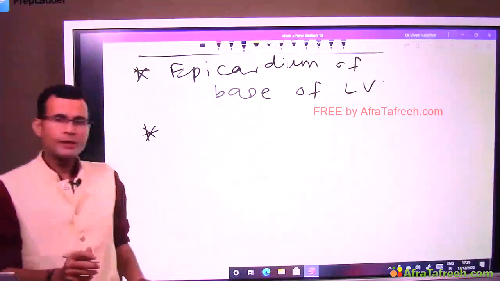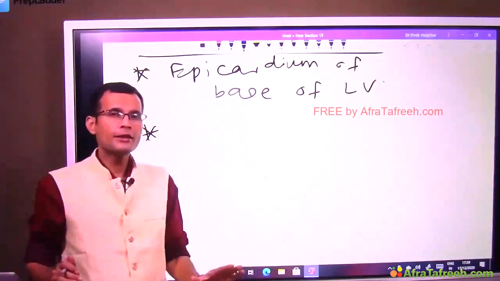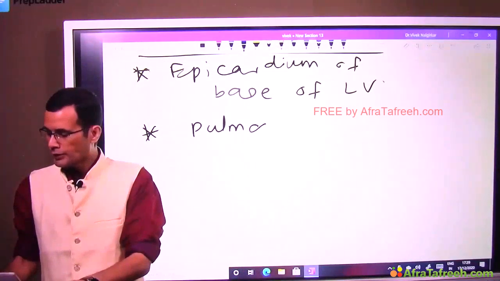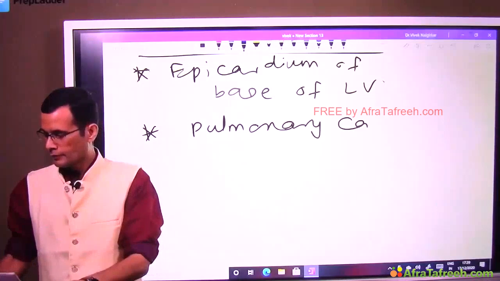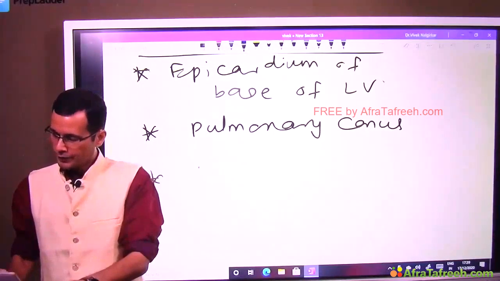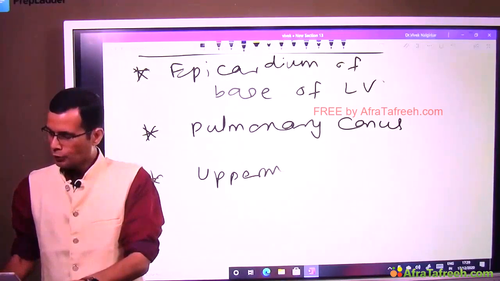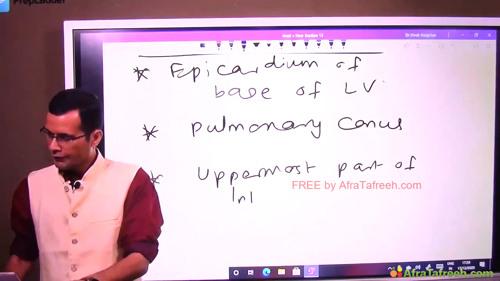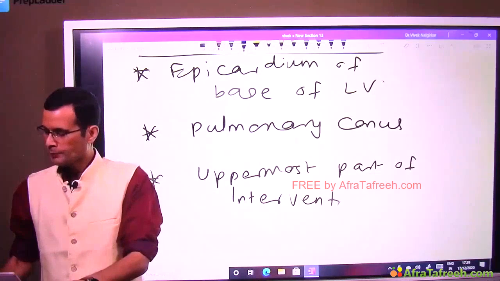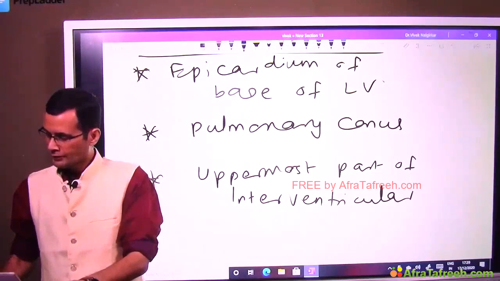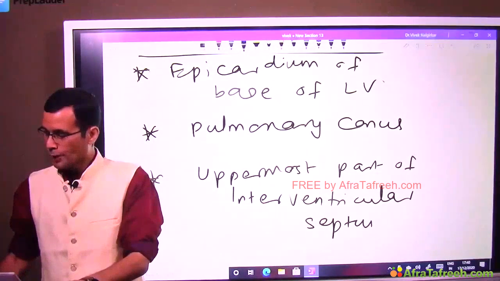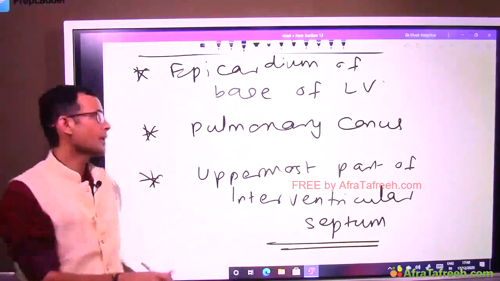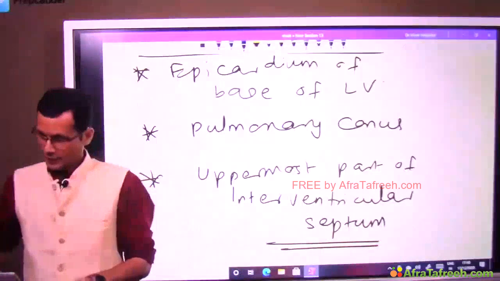Well, there are two more parts which depolarize in the end: pulmonary conus and the uppermost part of the interventricular septum. Have you noted it? Uppermost part of the interventricular septum is the last to depolarize.